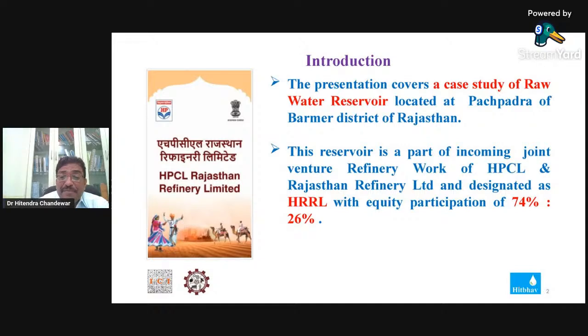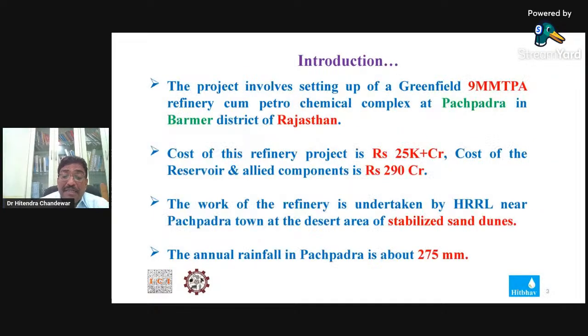The share of HPCL is 74% and the Rajasthan government is 26%. So it's a mega petrochemical complex, I will say the biggest petrochemical complex in India.